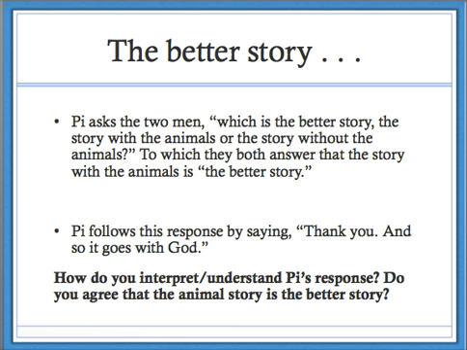So that is an objective truth in both stories. The fact that Pi has courage and endurance in both stories, and he has faced extraordinary, difficult, and tragic circumstances in both stories as well. So certain things are true in both.